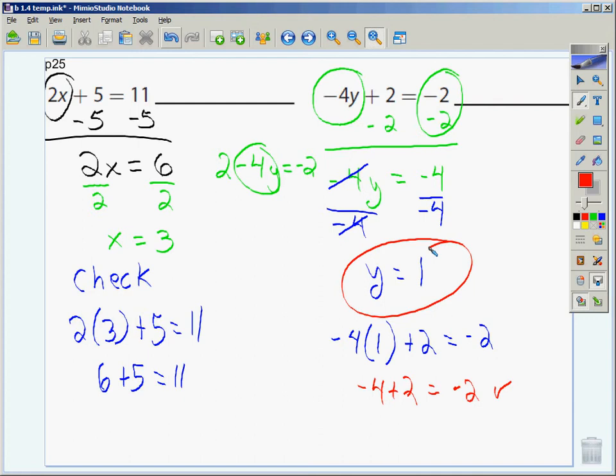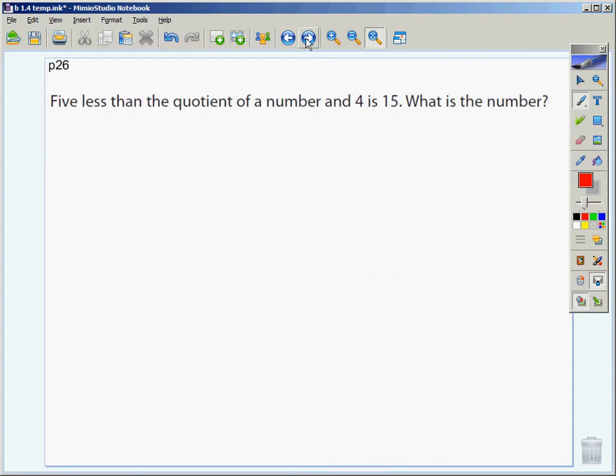Questions on those 2 examples? We good so far? Yes. All of your problems are going to be similar to that today. But I do want to work out one word problem. You're going to find this on the bottom of page 26. And again, I picked one that was simple mathematical words versus one that was talking about Sally who owned the shop and yada, yada, yada.